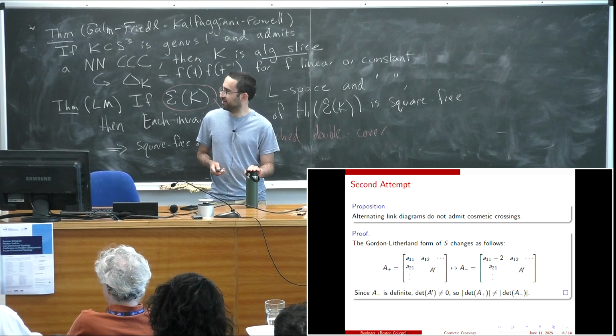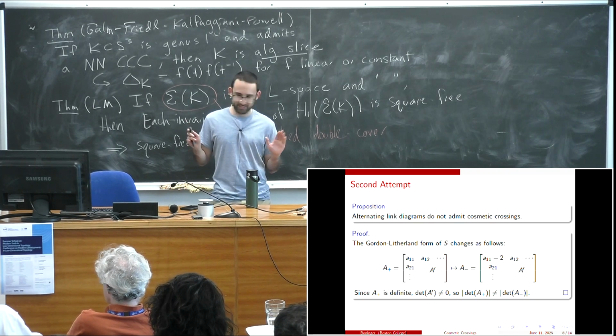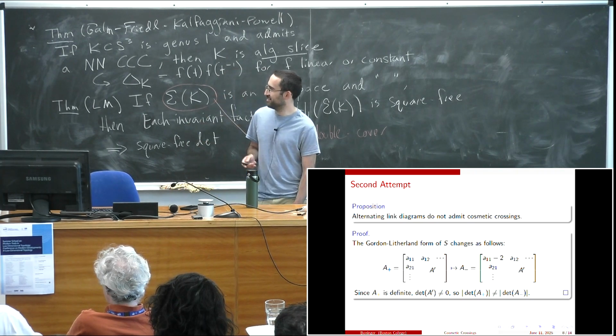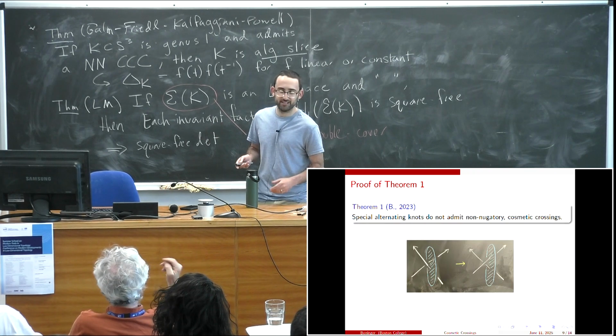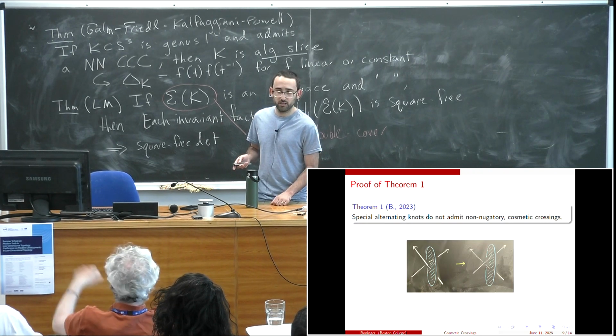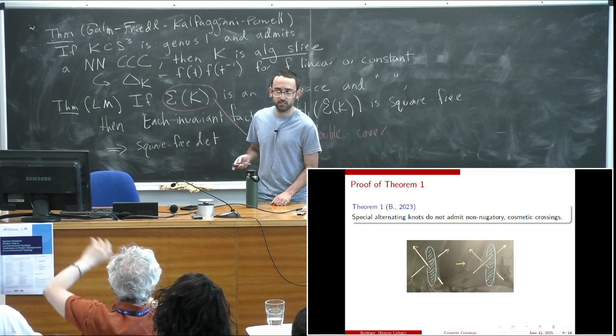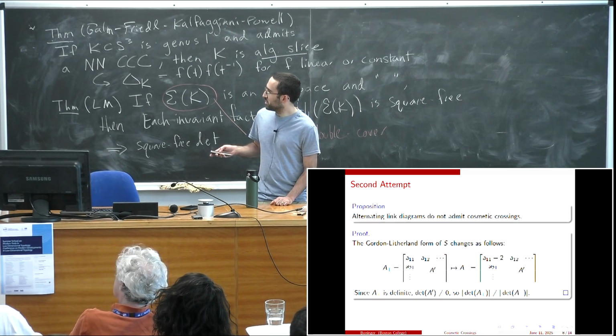So at this point, we are surprisingly close to proving the theorem, maybe, since it seems like I haven't done anything. But A11 is 1, then A11 minus 2 is minus 1. You just change the sign. Yeah.